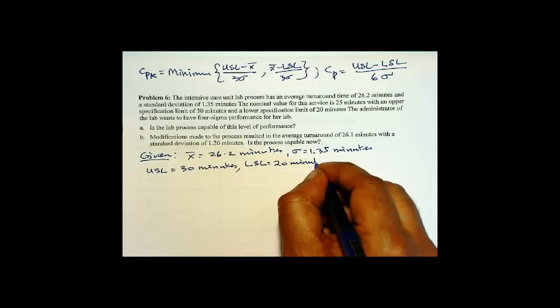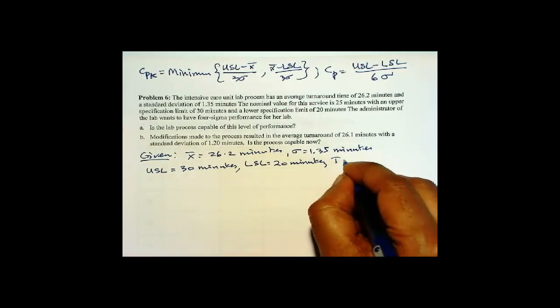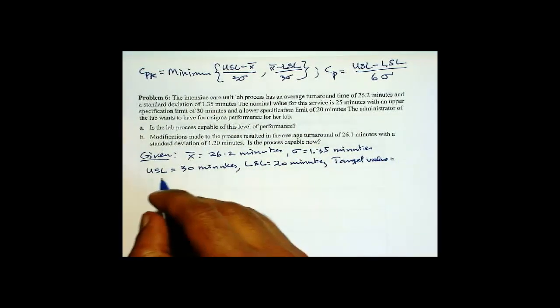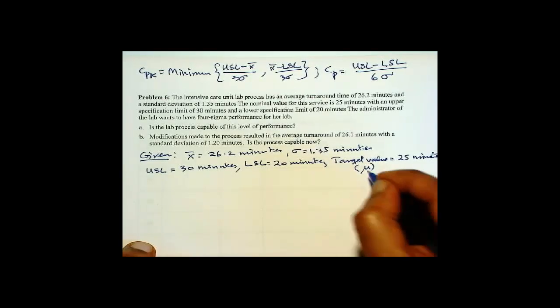which means the target value is in the middle, is 25 minutes. And sometimes target value is represented by the notation mu.